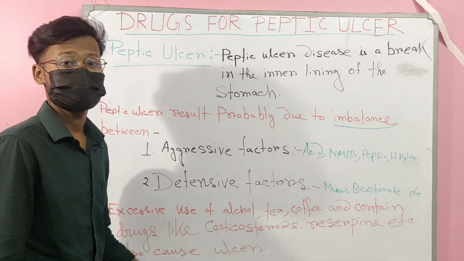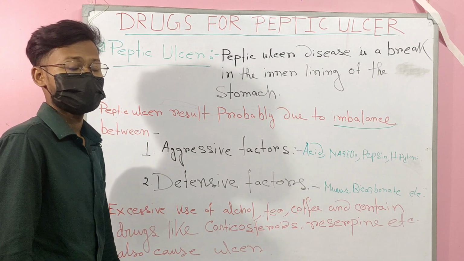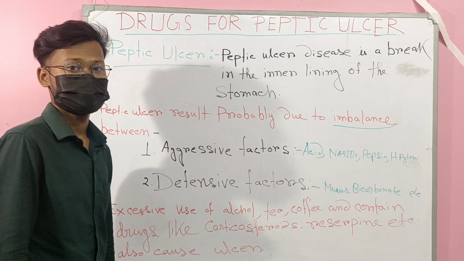Mainly, ulcers are classified into two groups. One is peptic ulcer and another is duodenal ulcer.